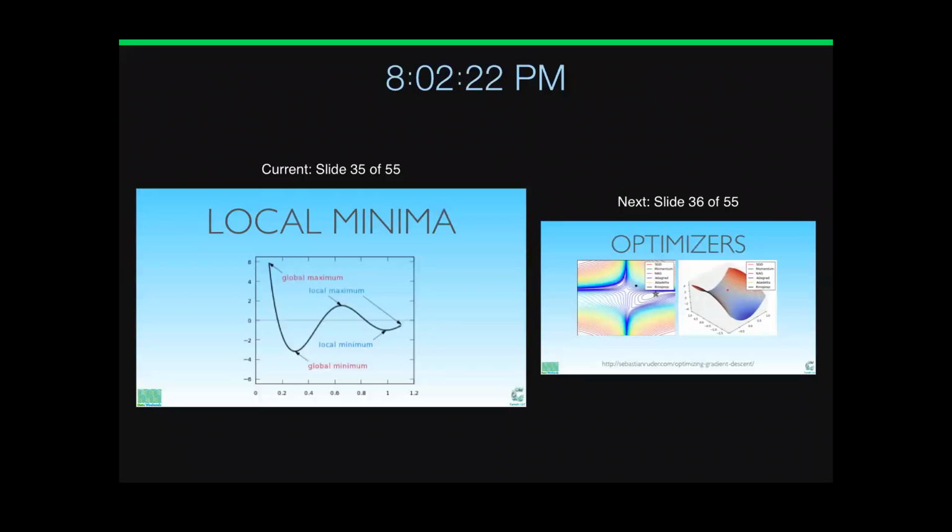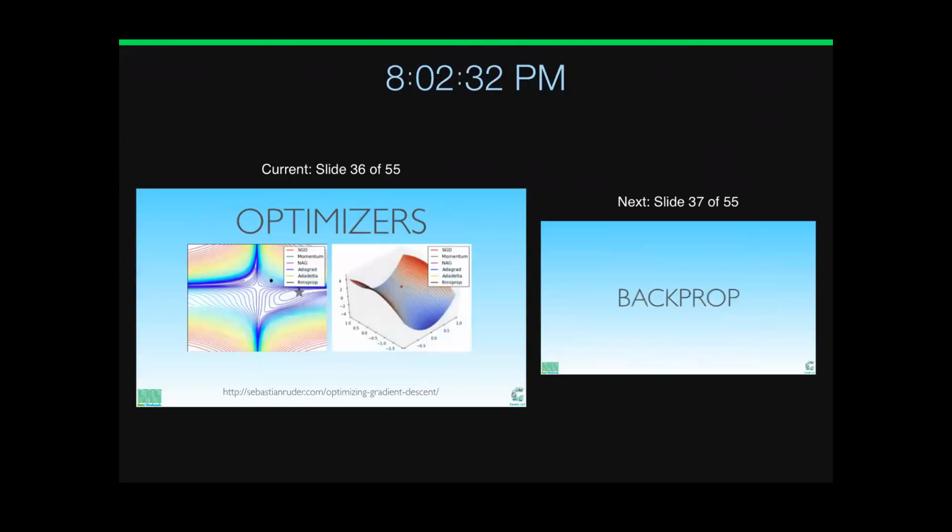Now there is an additional problem, which is you cannot simply go down, hopping down and stopping at the minimum, because, for example, if you started here, you would end up in a local minimum. Actually, that's what happens all the time, and that's why a lot of research went into these fancy names like SGD, Momentum, NAG, Adagrad, Adadelta, and RMSProp, and others.